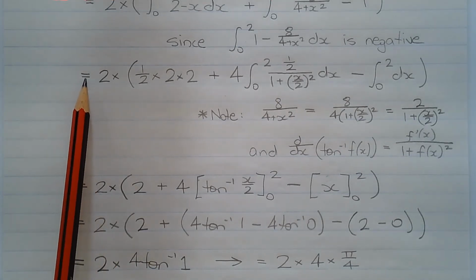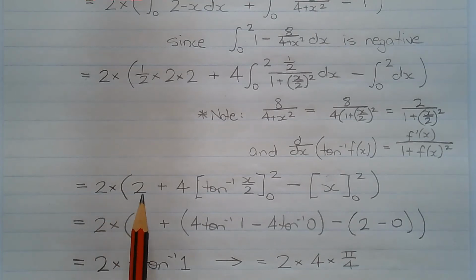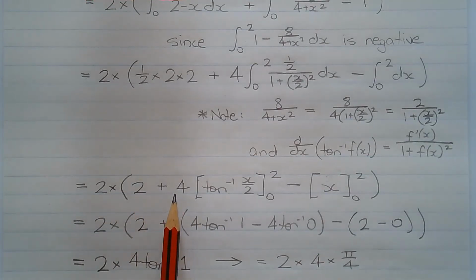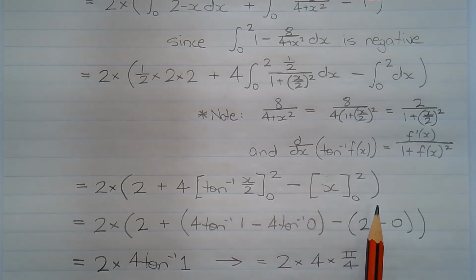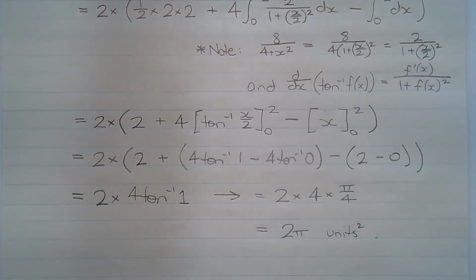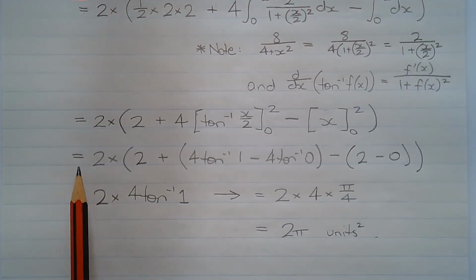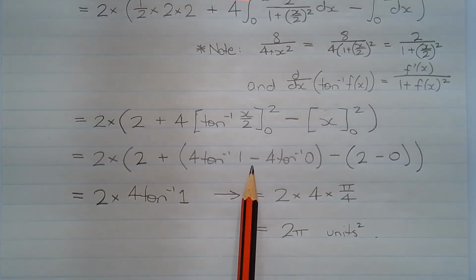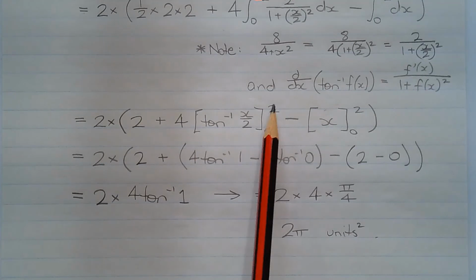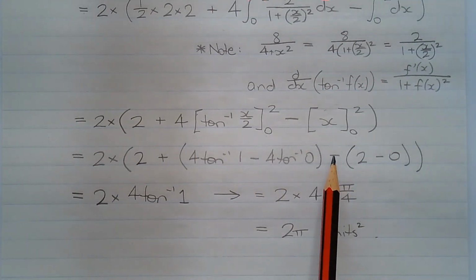So carrying on from this line here, that equals 2 times 2 plus 4 multiplied by the inverse tan of x over 2 from x equals 0 to x equals 2 minus x from x equals 0 to x equals 2. And that equals 2 times 2 plus 4 inverse tan of 1 minus 4 inverse tan of 0, so that's applying the limit of integration, minus 2 minus 0.